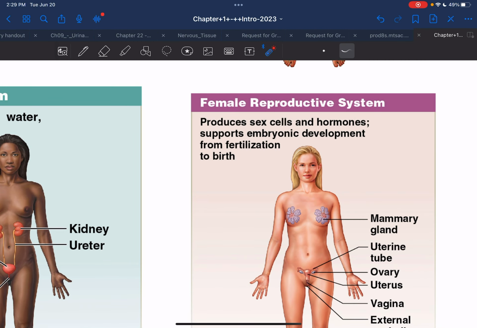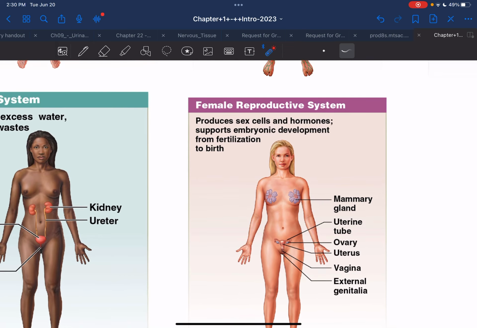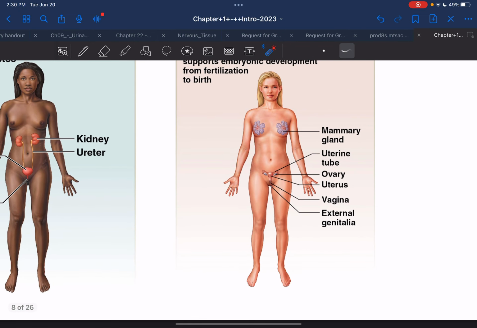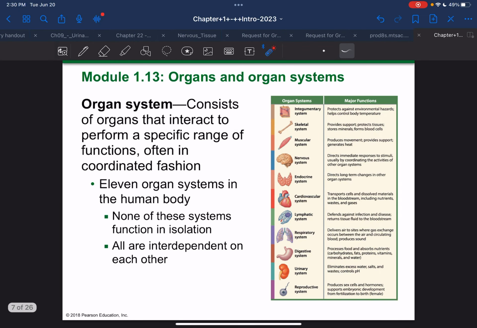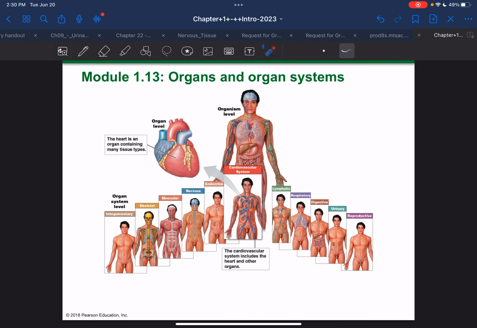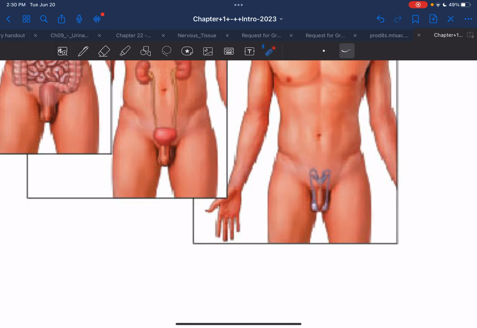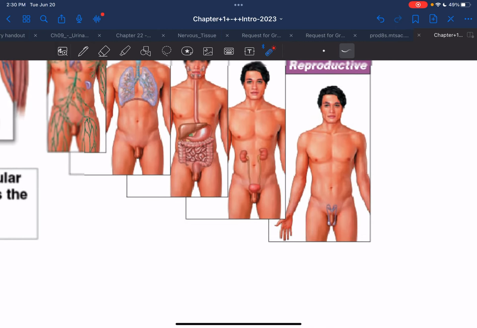When you look at the female reproductive system, just keep in mind that mammary glands are included because they help support and nurture the young when they're born. Males are missing, but there's a picture of the male here. The only thing we're concerned with is all the structures surrounding the testes, which contain the sperm, and also the pathway that sperm takes to exit during sexual intercourse.